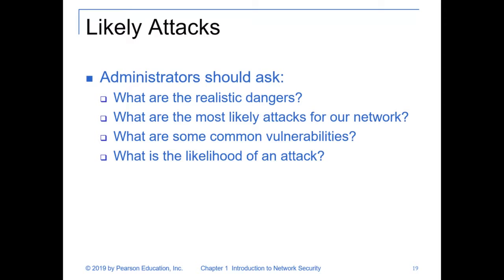We'll provide an introduction to the rating system in this chapter, but it's going to be covered in more detail in chapter 12. An administrator should ask himself a few questions. What are the realistic dangers? What are the most likely attacks for our network? What are some common vulnerabilities? And what is the likelihood of an attack?